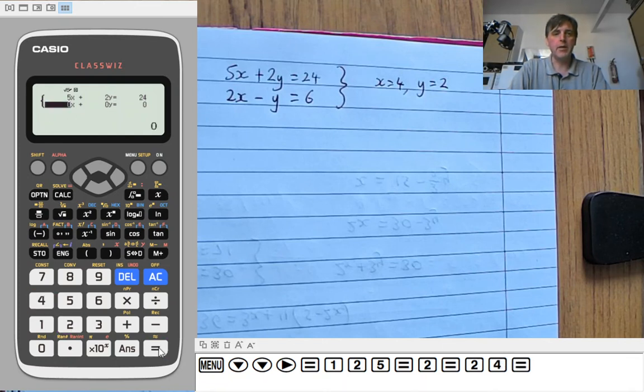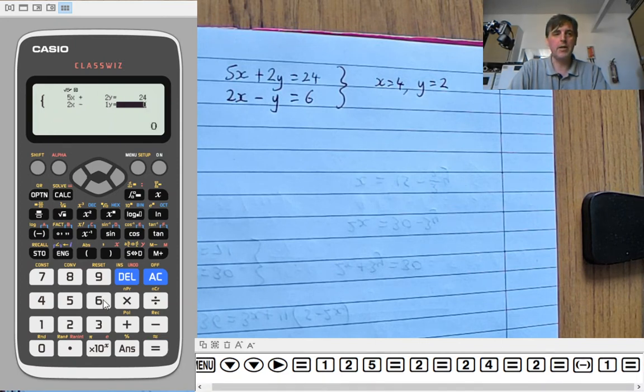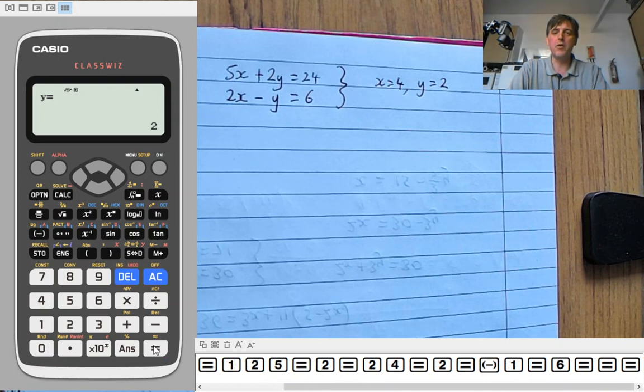And then we'll put in our next equation, which is 2x minus 1 lot of y, so minus 1 is what I need to put in as the coefficient there, equals 6. Then if I press equals again, you'll see it will do the calculations. There we've got x equals 4, press equals one more time, and we've got y equals 2.